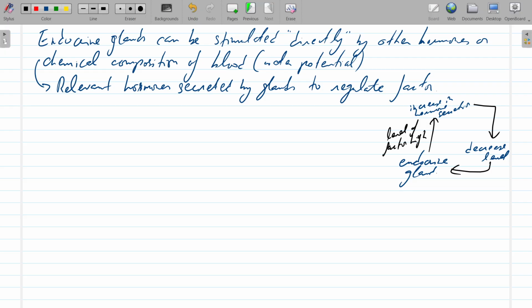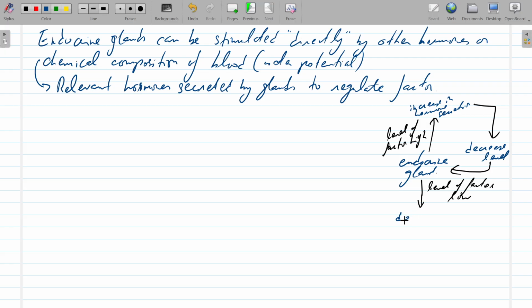And then the other way this goes is if the level of a chemical, or a factor, let's call it, is low.